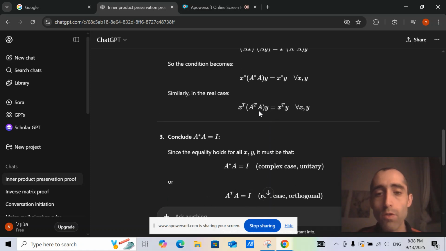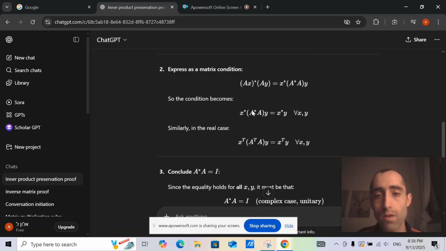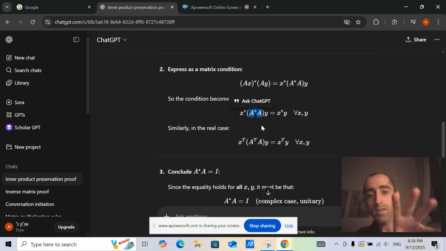Now, in order for this to hold for any x and y, it means that x complex conjugate and y just equal itself without this. It means that what sits here, if this holds for every x and y, must be something that does not change the multiplication between x and y.